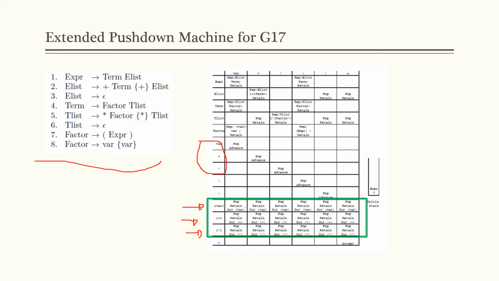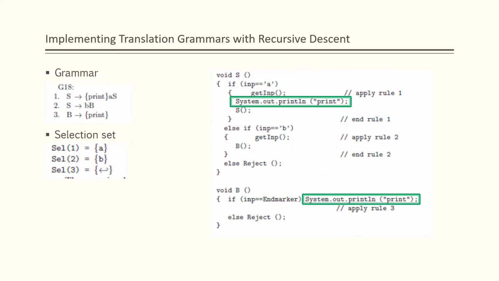If it is addition, then pop, return, out, addition symbol. If it is multiplication, then we put pop, return, and out, multiplication symbol, for all the columns of the action symbol. This is how we construct an extended pushdown machine for a translation grammar.